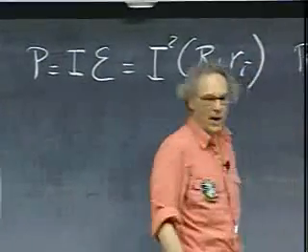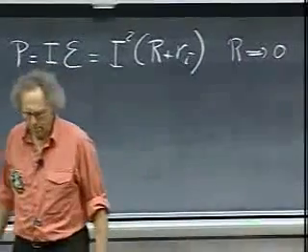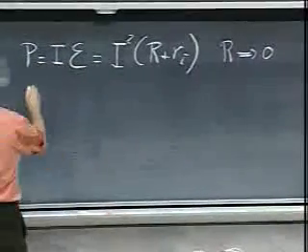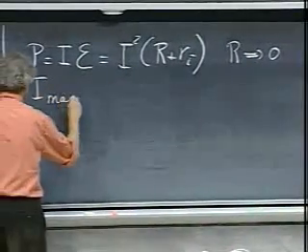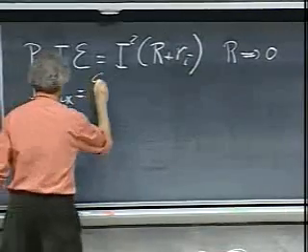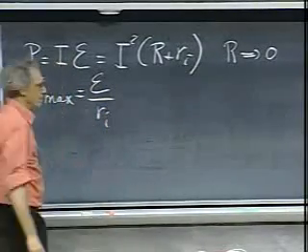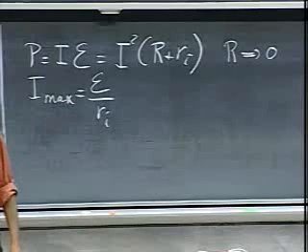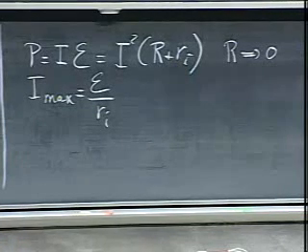And so if you make R zero by shorting out the battery, then you get a current which is the maximum current that you can get, which is the EMF divided by R of I. So you've killed the capital R, it's zero now.